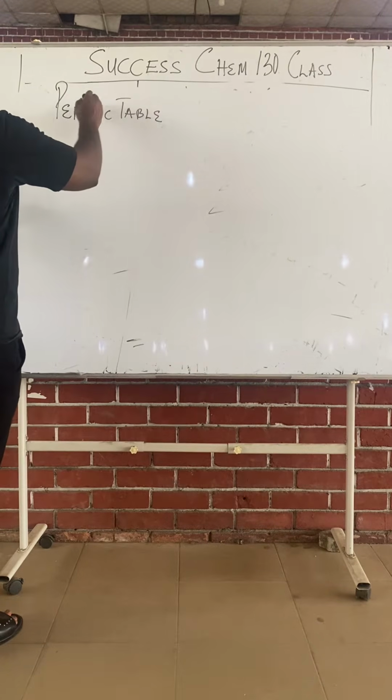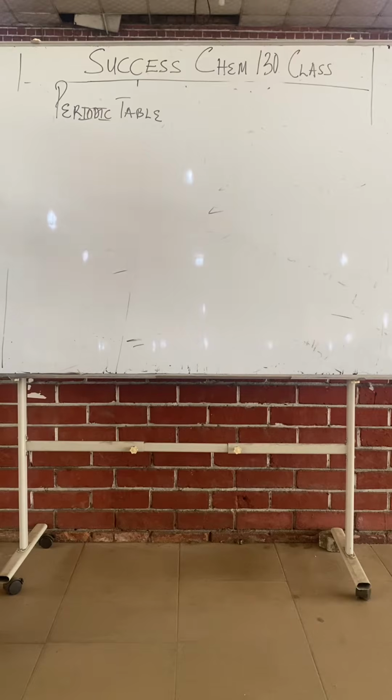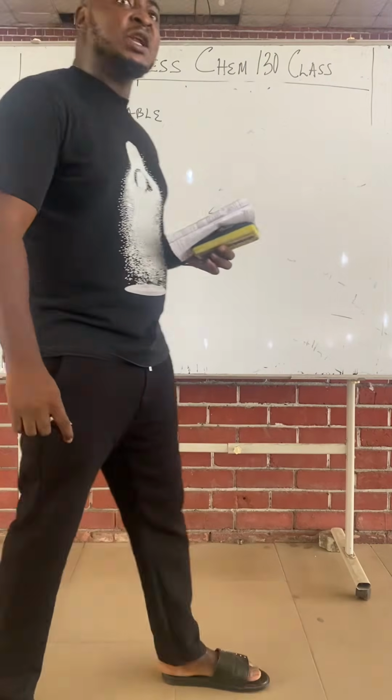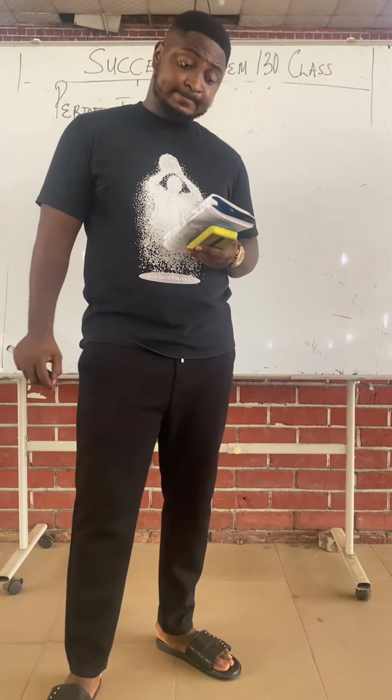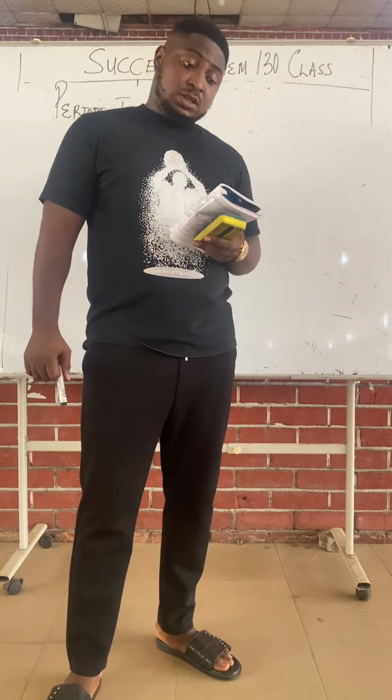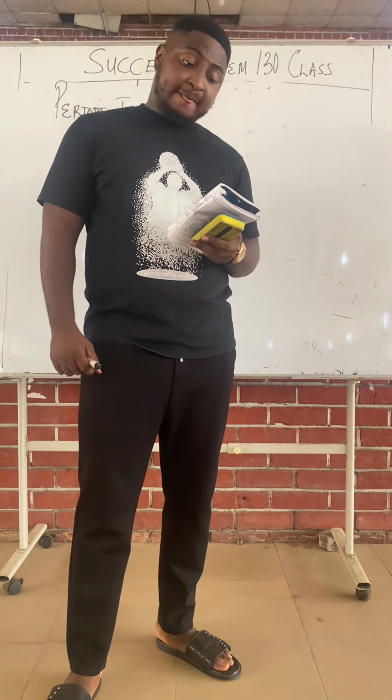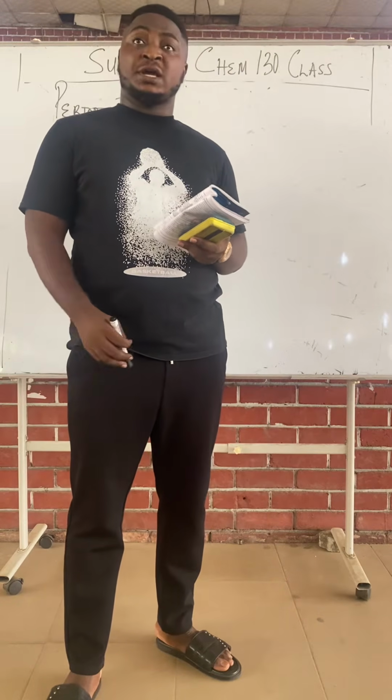The periodic table is an arrangement of what? Elements in order of increasing atomic number.